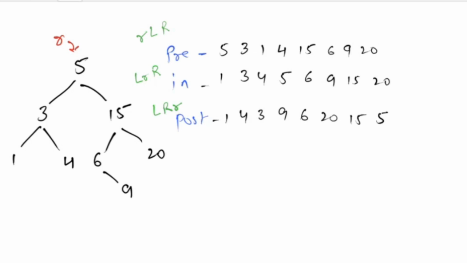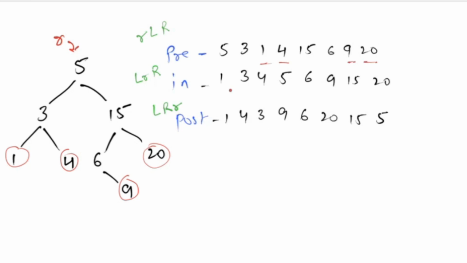So, some basic things. One is that 1, 4, 9, and 20 are the leaf nodes. If you look at the pre-order traversal, the order in which the leaf nodes are getting printed is 1, 4, 9, and 20.